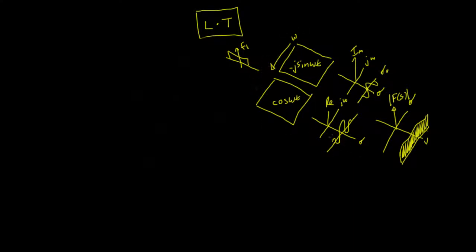Now we do the exact same thing with this function here, modulating this surface, and we'll get another function here. We'll call it f2. Let's say f2 is just some function like that.